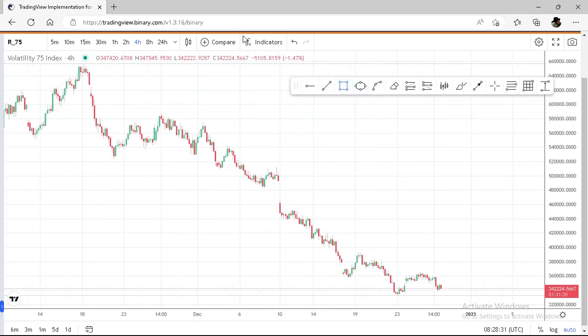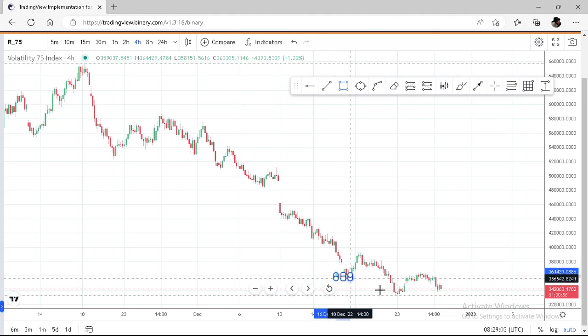I normally start from the daily time frame if I haven't traded for long, just to get what's going on in bigger time frames. But today I'm just going to stick to the 4-hour time frame. For scalping purposes, I would advise you to start from H4.